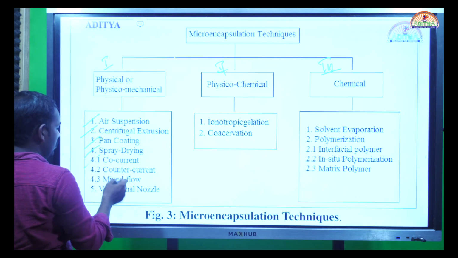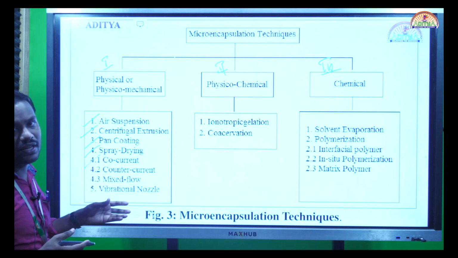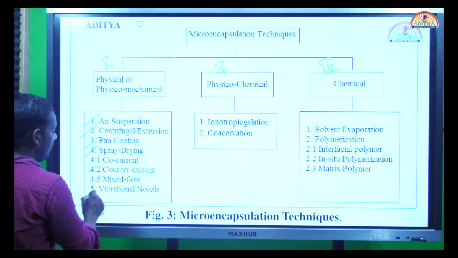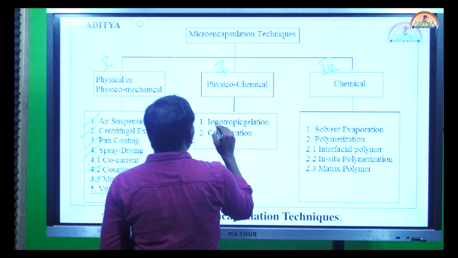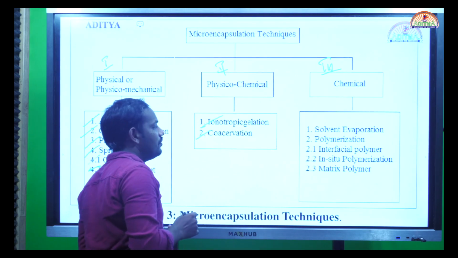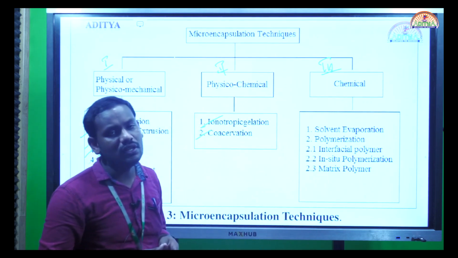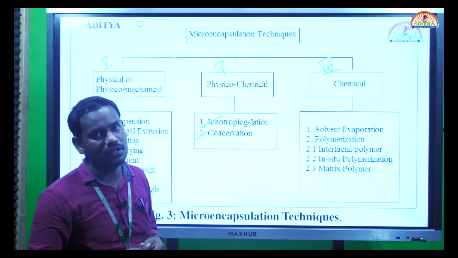In spray drying, depending upon how the spray is coming, whether in a concurrent direction, counter current direction or a mixed direction, it is further subdivided. And finally the vibrational nozzle technique. And for physicochemical, remember IC stands for I for iontophoresis, to C for coagulation. And there are also some chemical methods like polymerization. Depending upon which polymerization technique you are using, these are further subdivided.